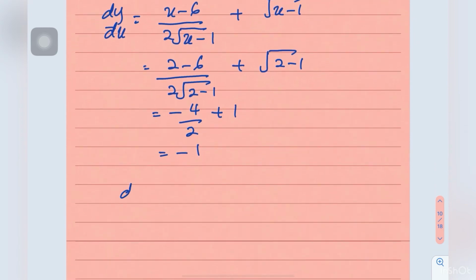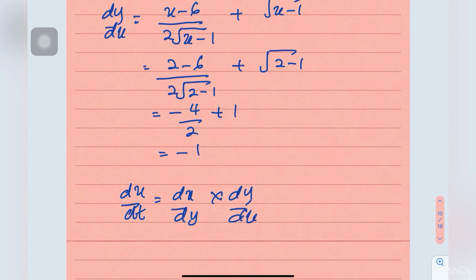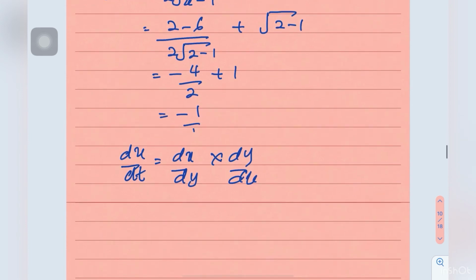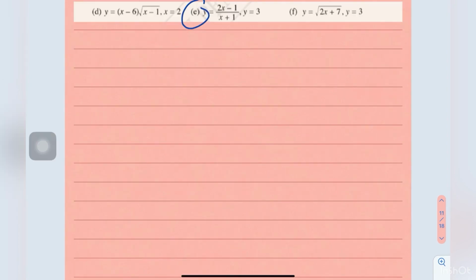Then find dx/dt, which equals dx/dy times dy/dt. So negative 1 is over 1, so 1 over negative 1 times 6 equals negative 6. Then question E, dy/dt is 6. Find dx/dt.